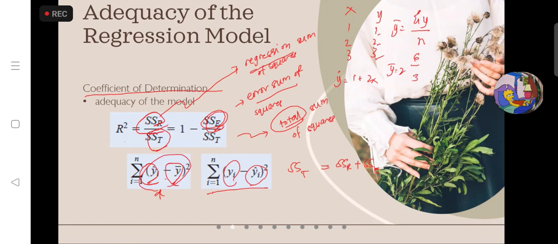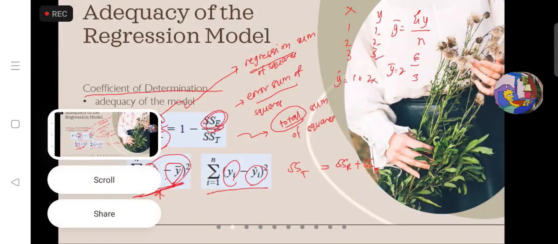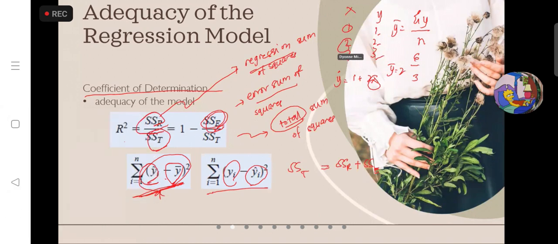Using this formula, our y hat, ato gihapon siyang substitutan sa every value of x. So our y hat will become, if our x is 1, our y hat is 3. And then ato i-continue sa other data. So we already have our value for y hat and for y bar.